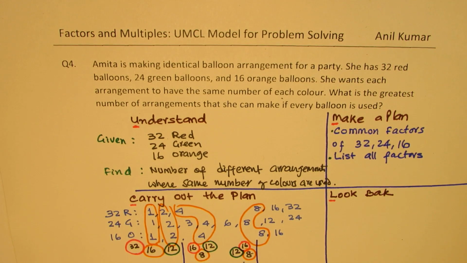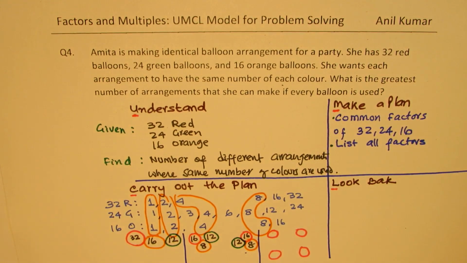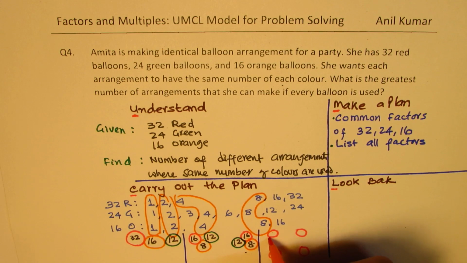Now, we could also have an arrangement where we can make 4 groups, correct? So let's make 4 groups now, and then we'll make 8 groups on this side. Okay, so we have 4 groups. 1, 2, 3, and 4, right? So I'll have to push this page a bit so that you could see. Okay, now I hope you can see, right? So we have 4 groups.